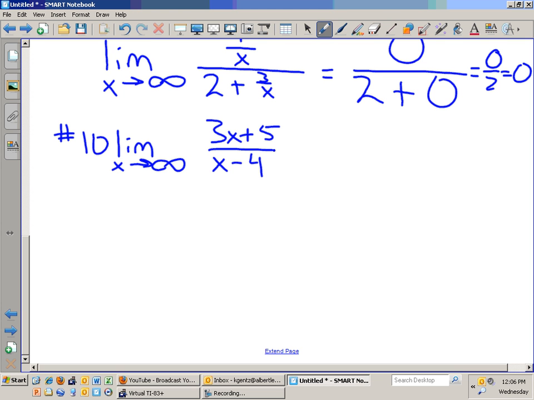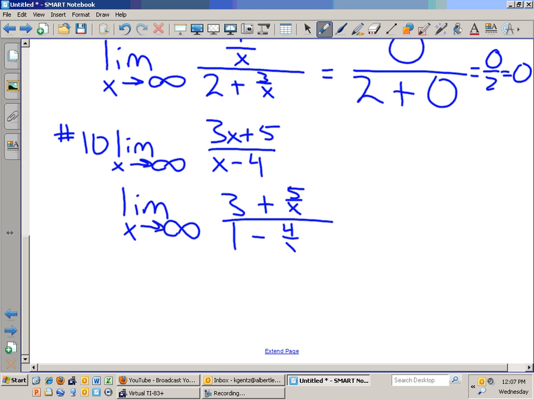What is my largest term? X to the first power. So I divide everything in the top. I get the limit as x goes to infinity of, what's in the top? 3 plus 5 over x over 1 minus 4 over x.